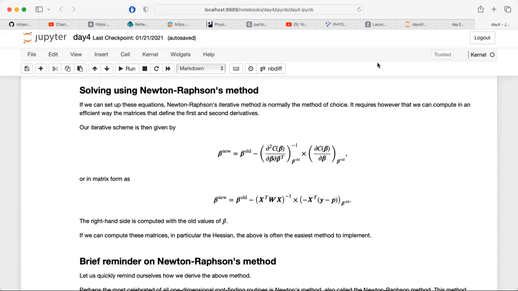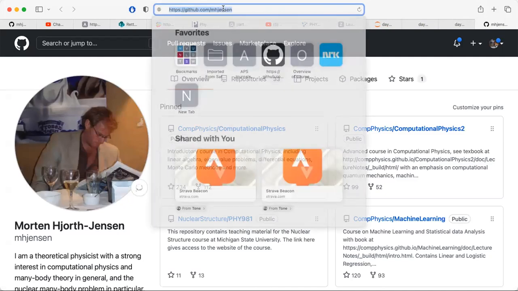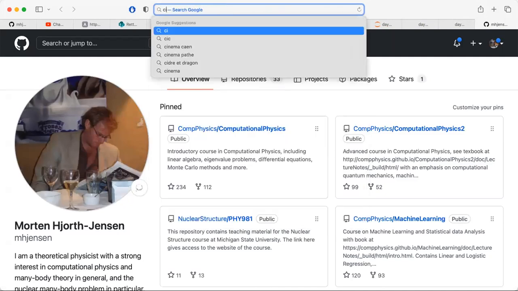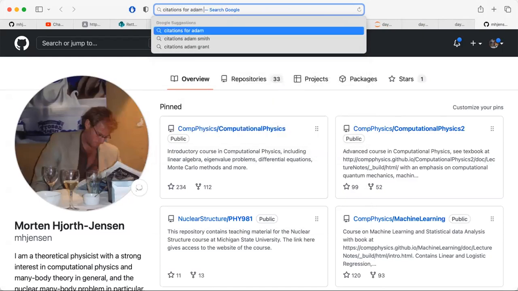And you can look at here, just to tease you a little bit. Let's just bring that up. So that's where we stop today. So here, we just write citations for Adam. Not Adam Smith, but Adam method.